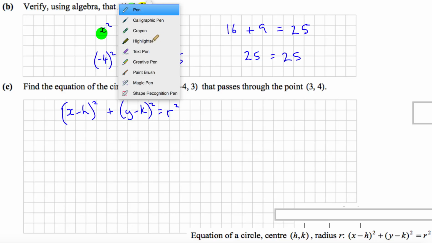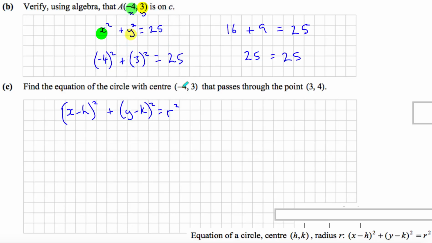So straight away we can see that our h value is just going to go in there, and our k value, 3, is going to go in here. We know those straight away because this is our center, so that's going to be h comma k. And then we need the radius.